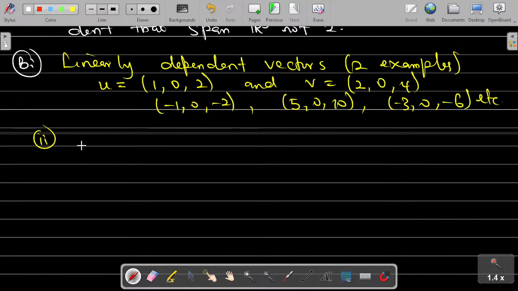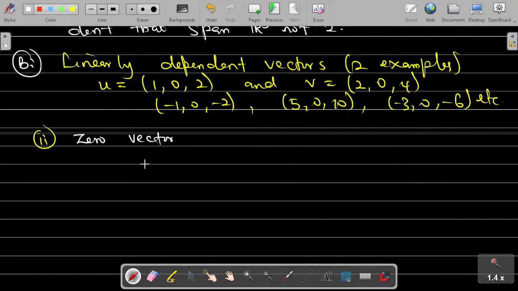Okay, so here you can see that if we have a 0 vector, for instance, it can on its own be linearly dependent, thus being a single vector.